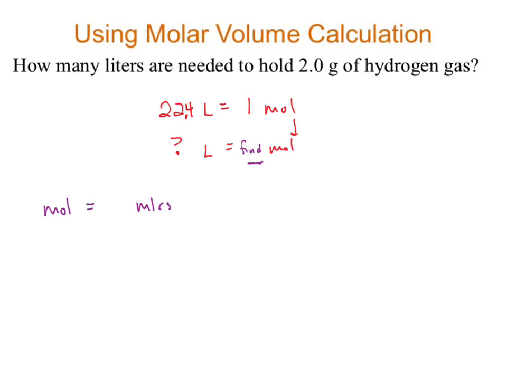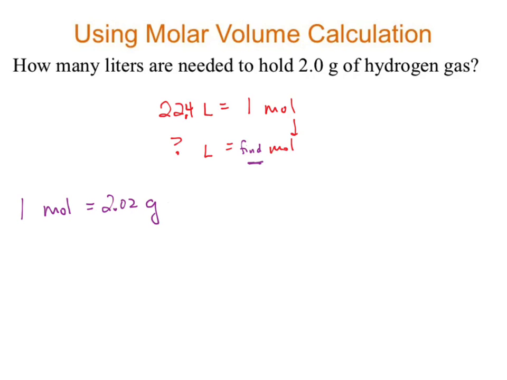Why grams? Because I'm given grams in the question. So if I could figure out the conversion factor between moles and grams, now I could do something. Where do I find it? That's the periodic table. 2.02 grams is equal to 1 mole.